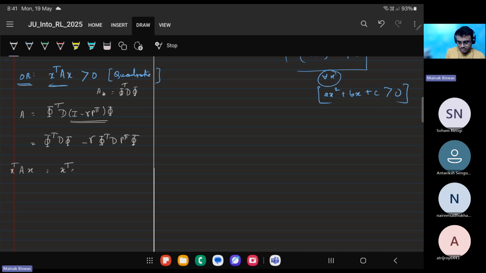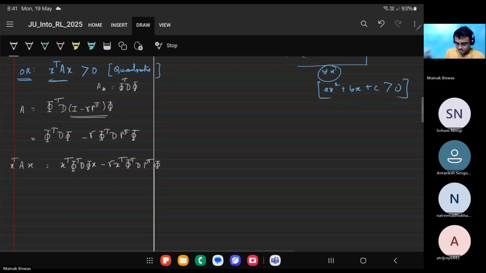Help me write it down. What will this be? x transpose phi transpose D phi x minus x transpose phi transpose D P pi phi x.